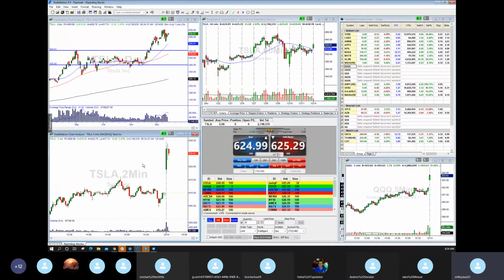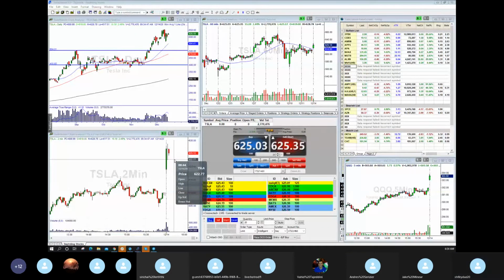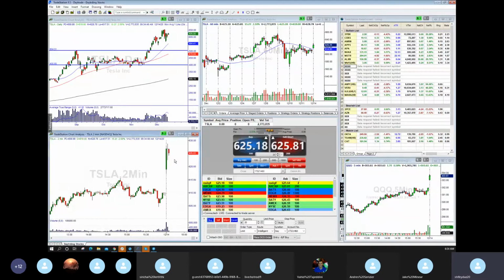Tesla showing a little bullishness here. 628.70 by 622.70, so about a $6 stop on Tesla. Looks okay. I mean, nothing great here on Tesla.